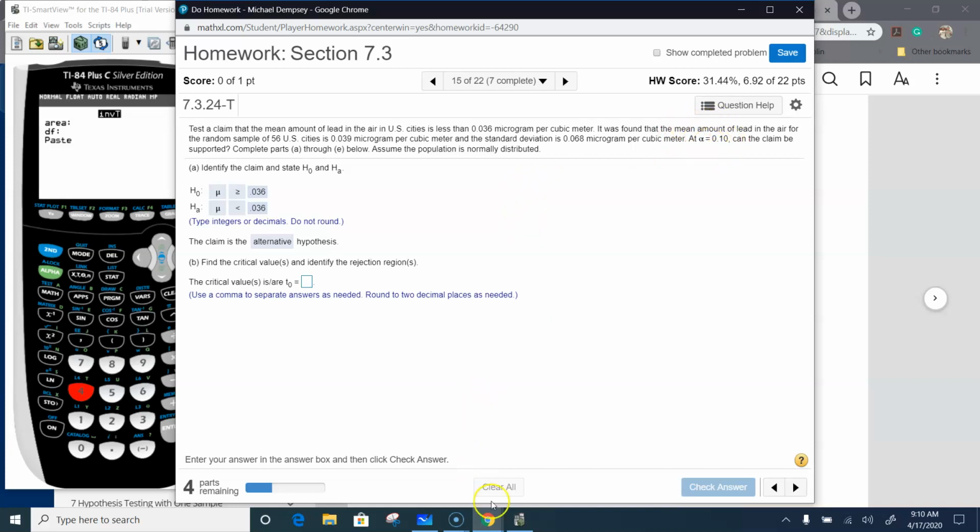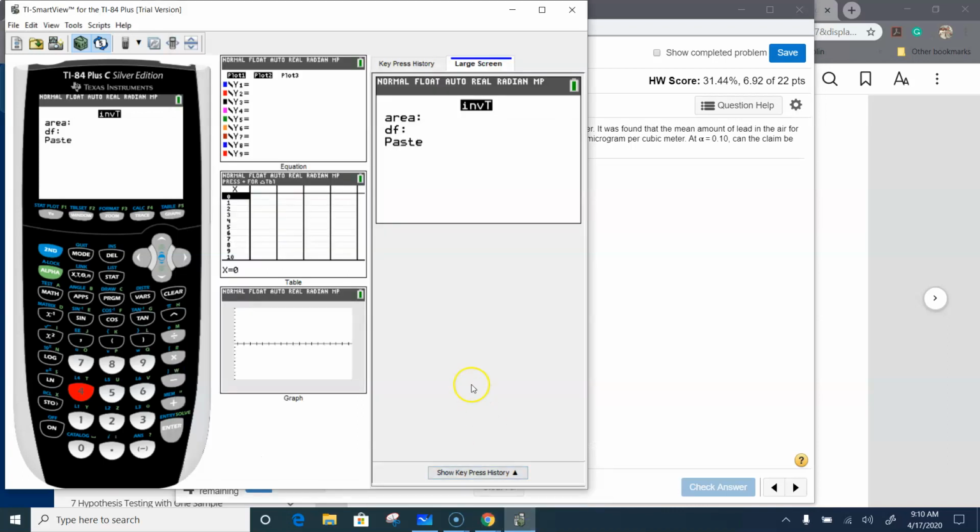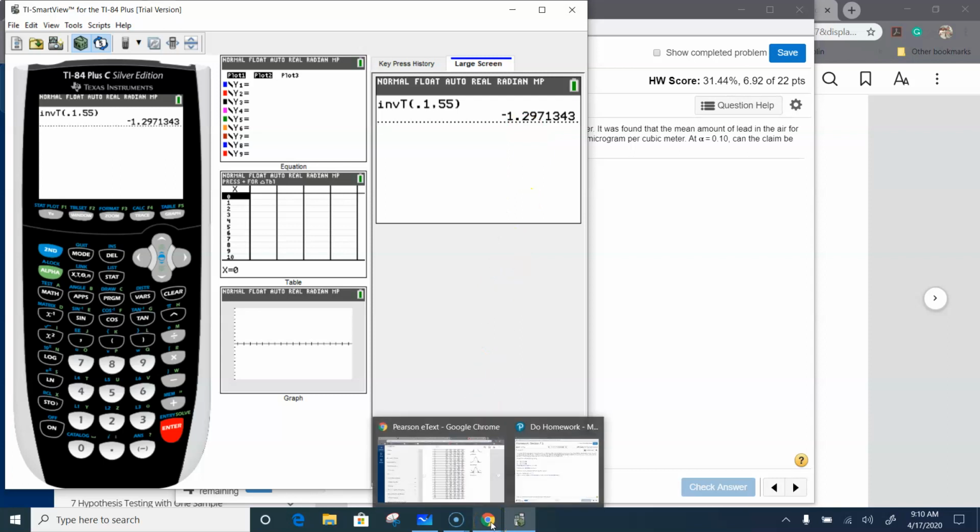It's a left tail test, so we can just use the area of 10%. Degrees of freedom is 55. We don't have that on the table. So if they want an exact value for the t critical value, we'd have to use the calculator for this. So negative 1.297, or negative 1.3 if we go to two decimal places.